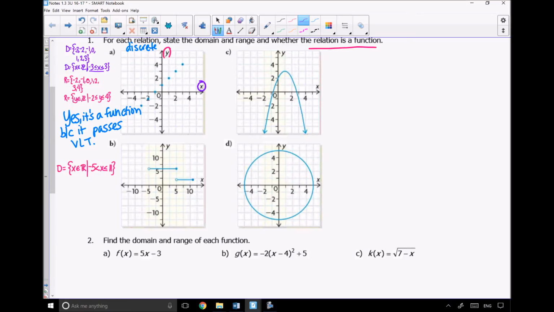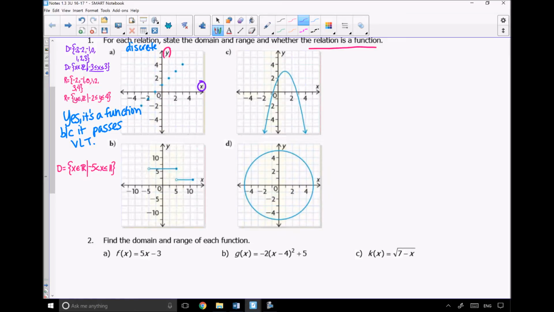Now looking at my range is going to be my y value. So if I look right here, the lowest y value that I have here on the y-axis is about right here, and the highest y value is about right here. Okay, so I know that my range is going to be within this area right here. So therefore, I can say my range would be from 2 to 6.